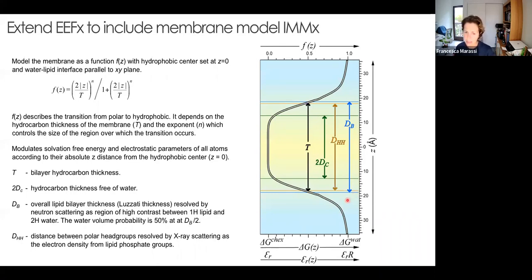So in this setting, the membrane is modeled now as a function with the hydrophobic center here set at Z0. Okay, so this is the membrane as you would normally view it. And then this is the hydrocarbon center.